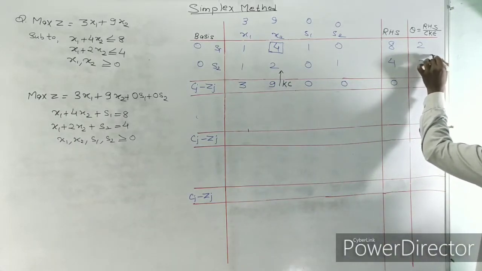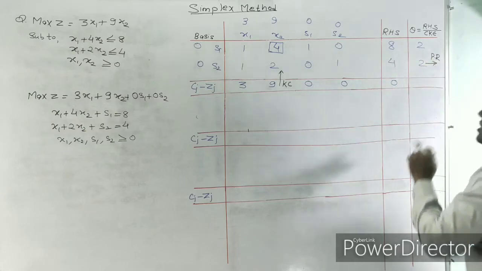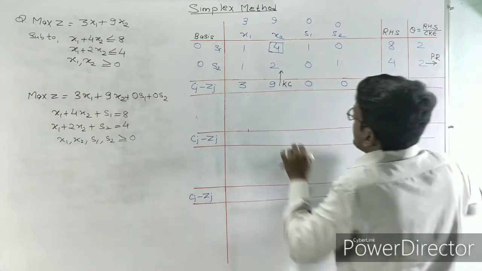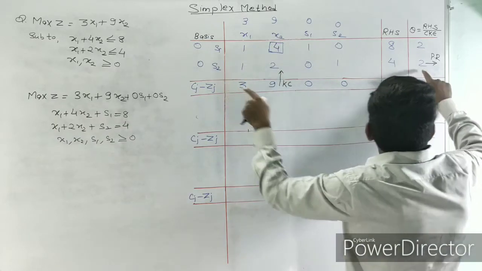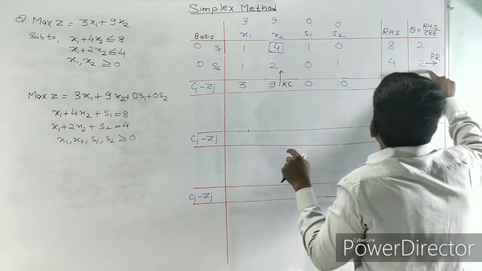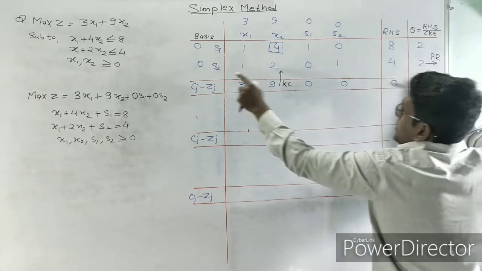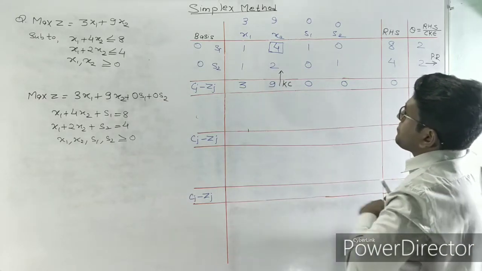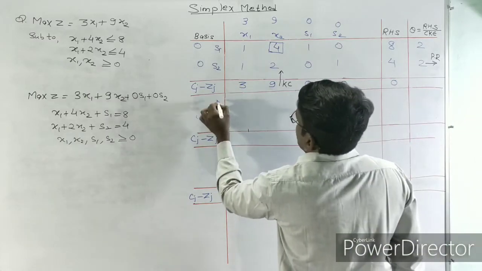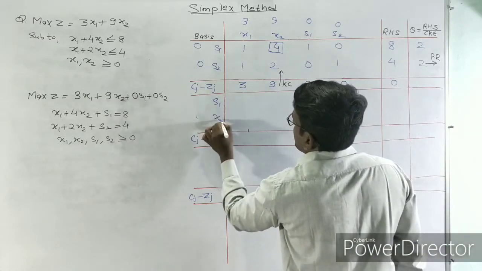So I am selecting this as the pivot row. Now as we can see here, variable x2 will enter the basis and it will replace the variable s2. Okay, so let us write here variable s1, variable x2.